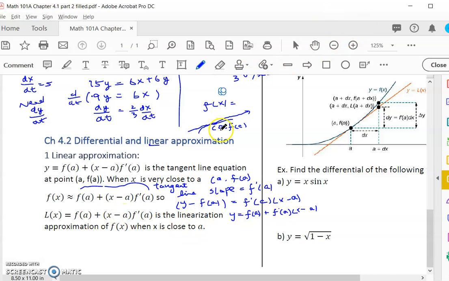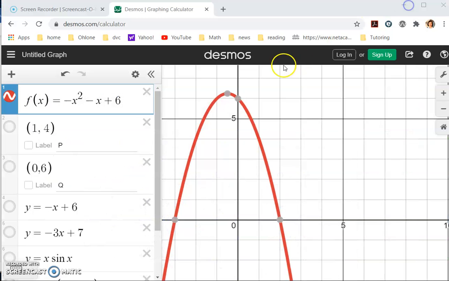So let me illustrate with a graph that I have plotted in Desmos. This is a function, negative x squared minus x plus 6. And I want to do a tangent line at point 0, 6. I put it on and label it.